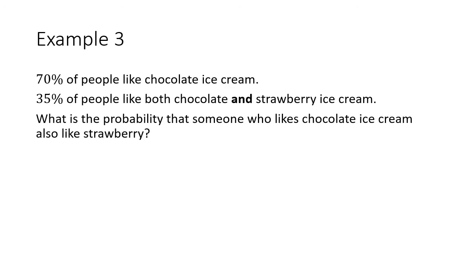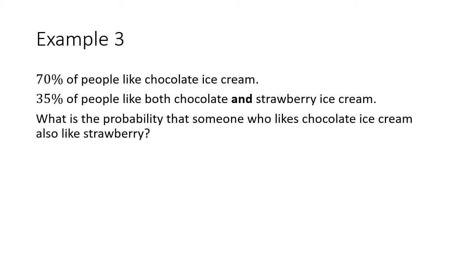So let's look at a quick example using some probabilities. Let's say 70% of people like chocolate ice cream, and 35% of people like both chocolate and strawberry ice cream. So what is the probability that someone who likes chocolate ice cream is also going to like strawberry? If I already know that a person likes chocolate ice cream, that is going to affect the probability of whether or not they like strawberry too.